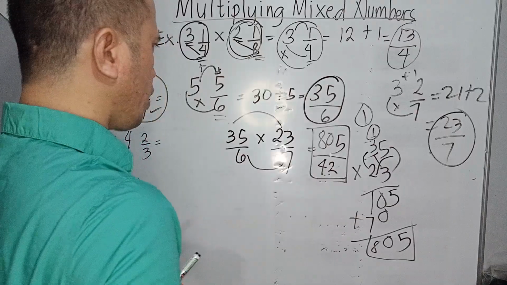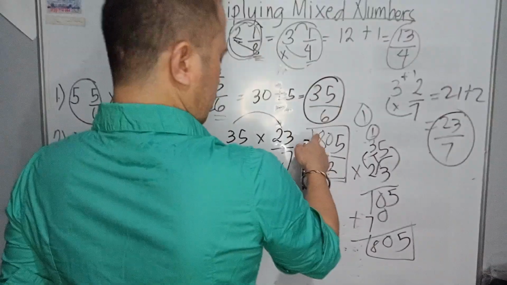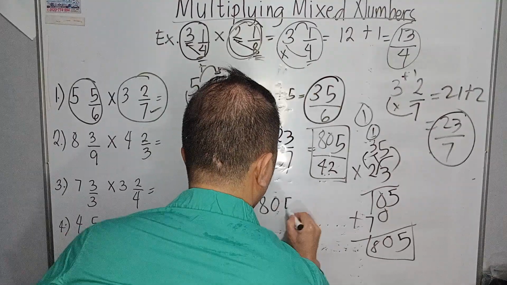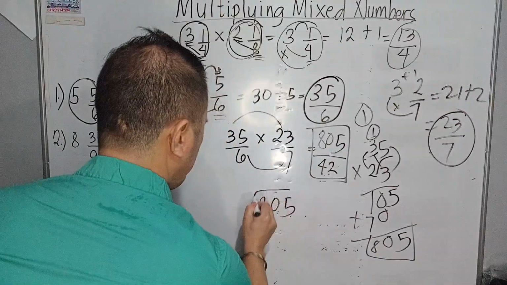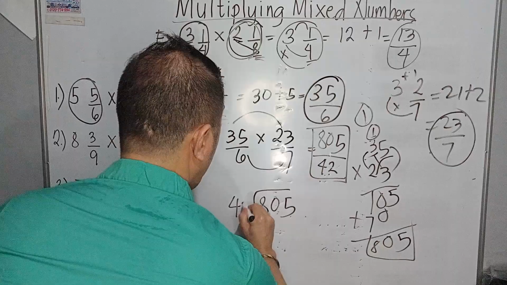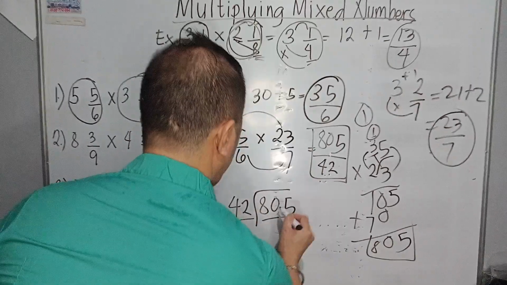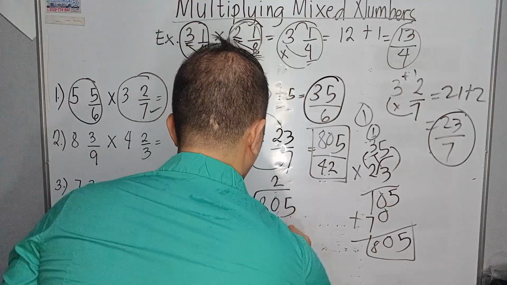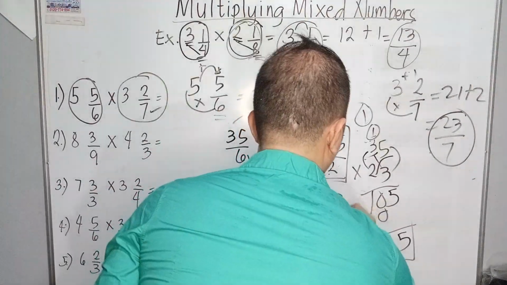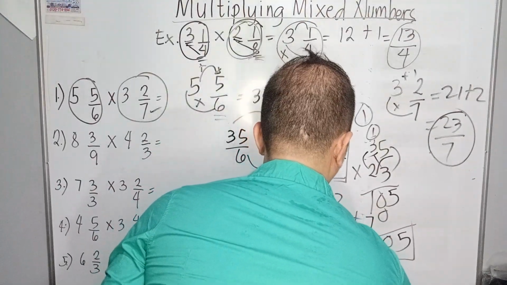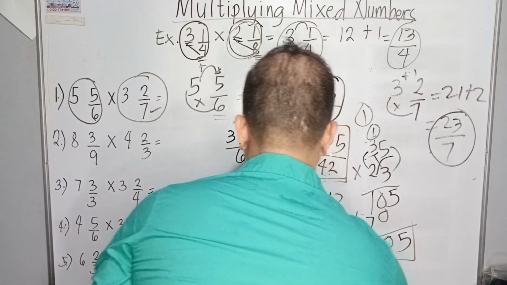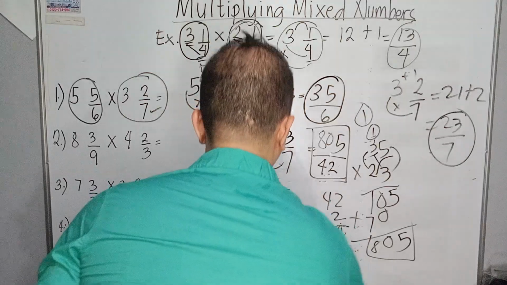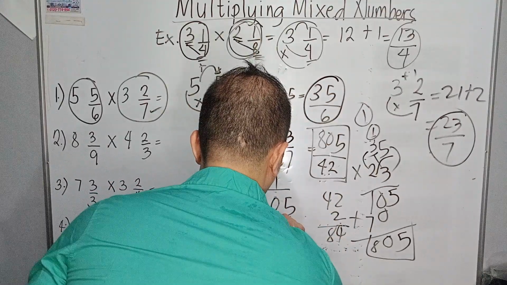We can proceed also, guys, by dividing the numerator by the denominator, just like this. 805 divided by 42. So 42 divided into 80, so we have here 2. 42 times 2, so we have 84, so we have only 1.